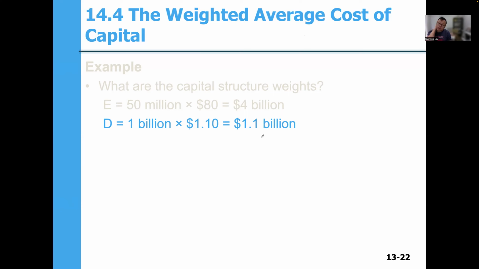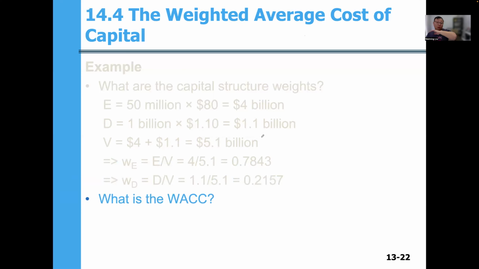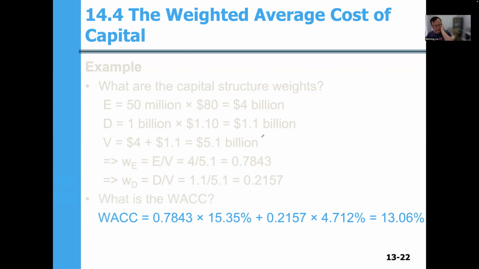So there is $1.1 billion debt. And the total assets equal total equity plus total debt. So that's $5.1 billion. And I can calculate there are 78.43% of equity and 21.57% for the debt.